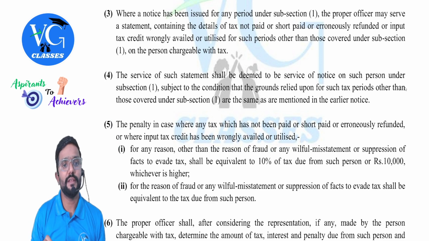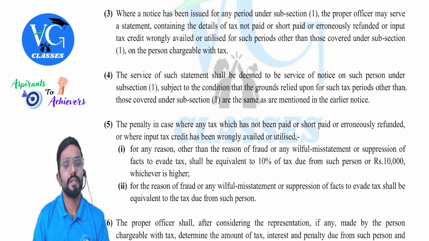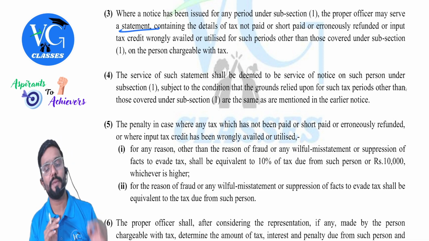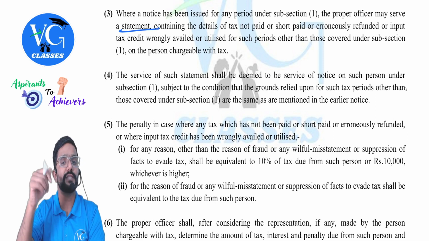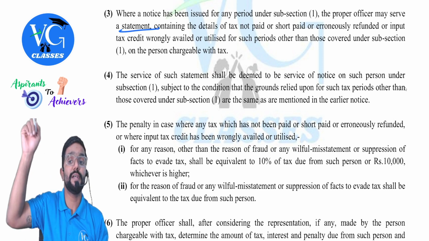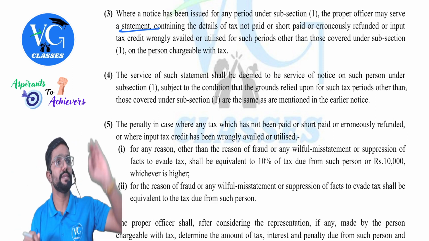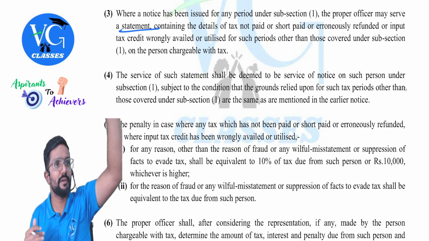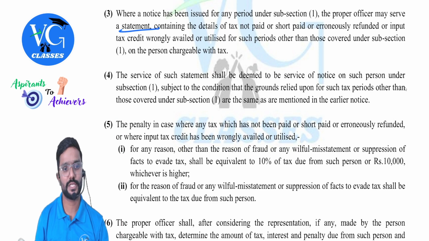Where a notice has been issued for any period, under subsection 1, the proper officer may serve a statement containing the details of tax not paid, short paid, or erroneously refunded, or input tax credit wrongly availed or utilized for such period other than those covered under subsection 1 on the person chargeable with tax. Same story, guys. If notice is given, assume for August, can statement also be issued for August? No. Any period other than August. Any period other than August.